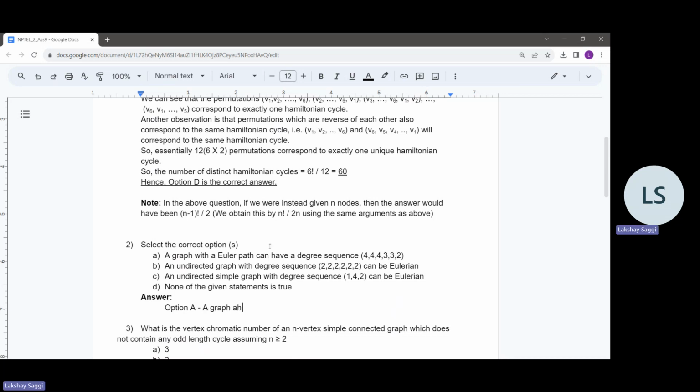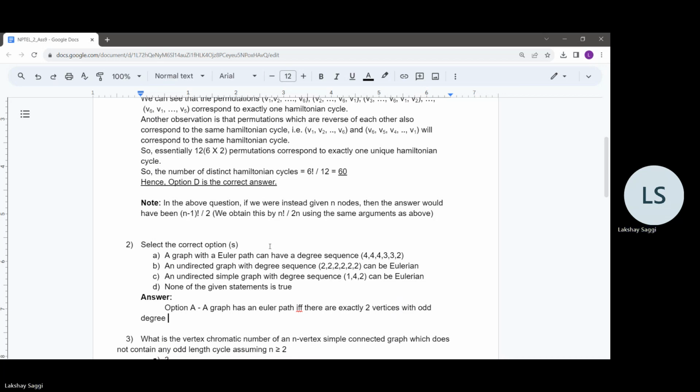a graph has an Euler path if and only if there are exactly two vertices with odd degree in it.